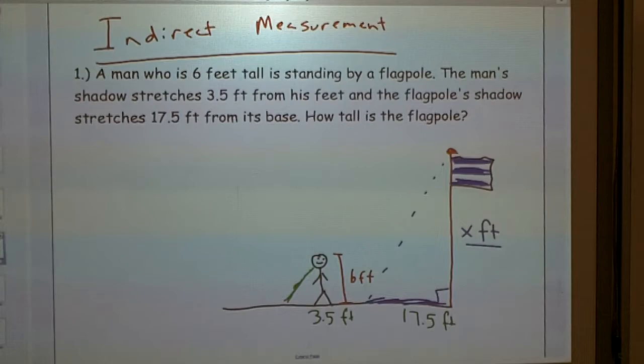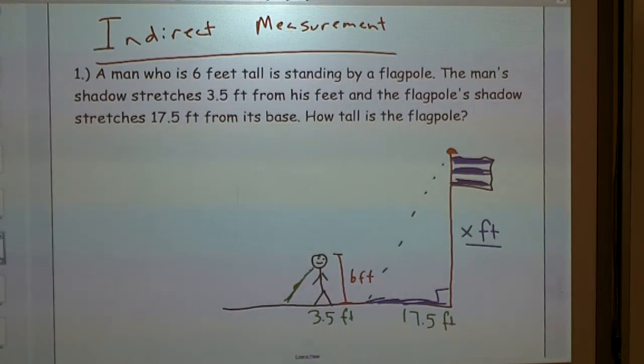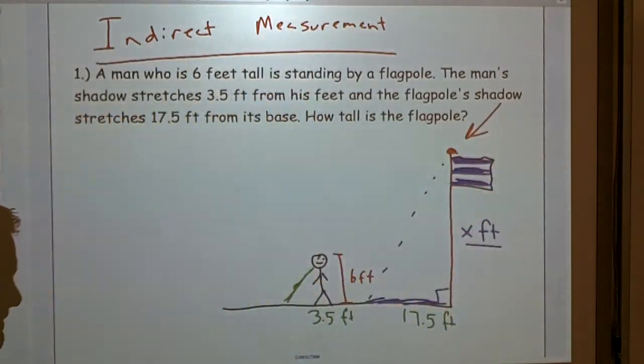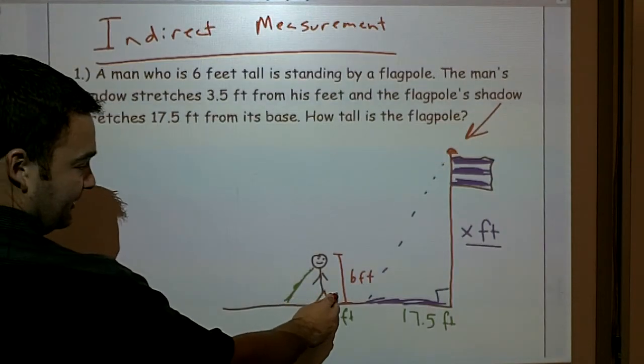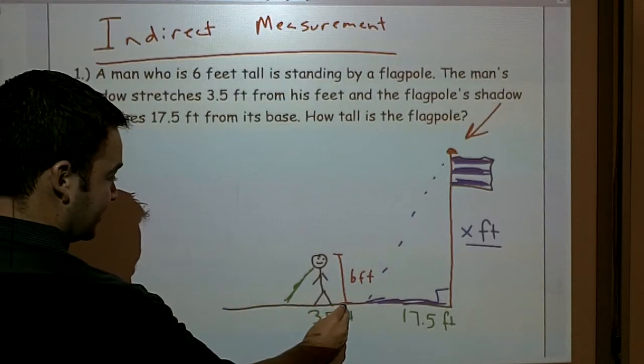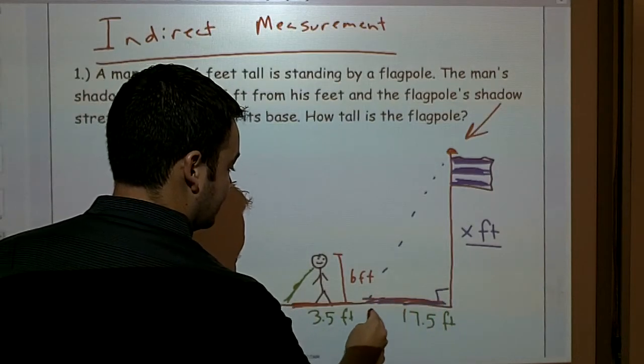In this case, we've got a flagpole here. We're trying to solve for the height of the flagpole. If you think about it, the angle of the sun is going to be consistent. The angle is always the exact same thing coming down like this. So if we've got the similar angles, it forms basically 2 similar triangles, where the shadow is the base of the triangle in each case.